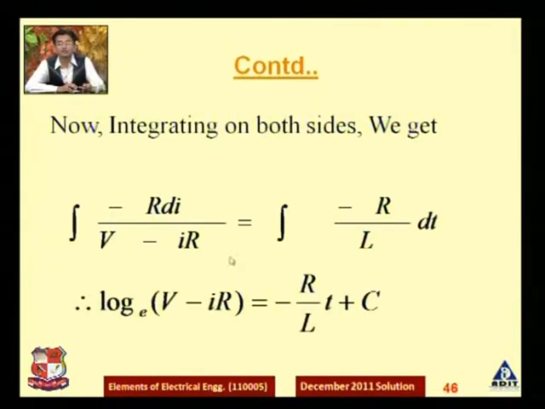So as you know, the integration of this side is equal to log of V minus IR base e, and here it will be minus R by L into t plus C. Mind well, this C is not a capacitor, it is a constant, right? I will call it equation number 2.